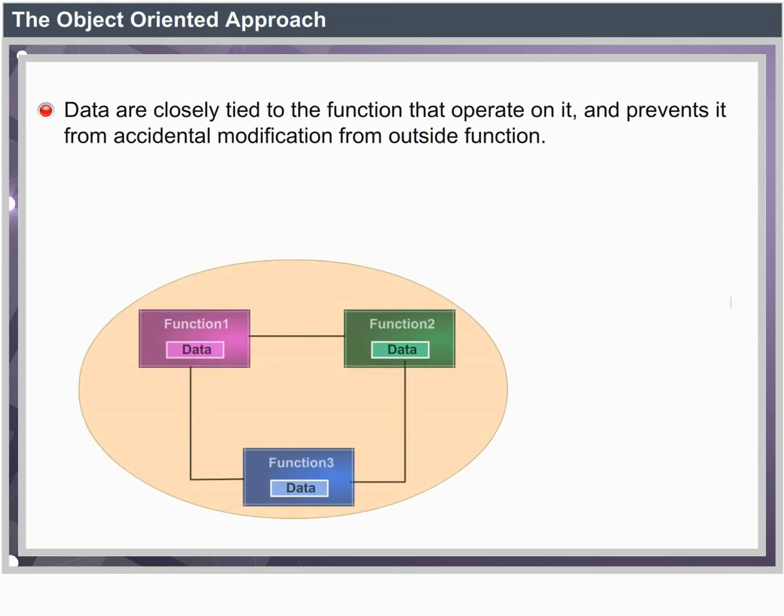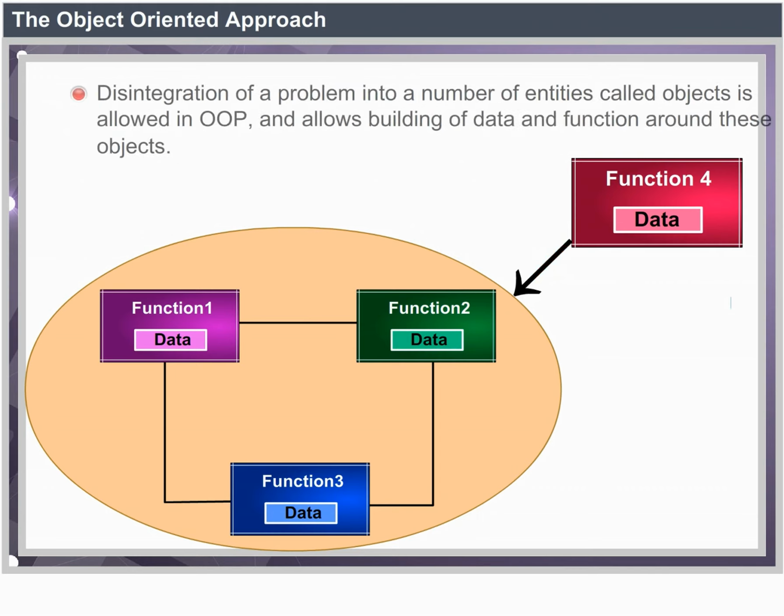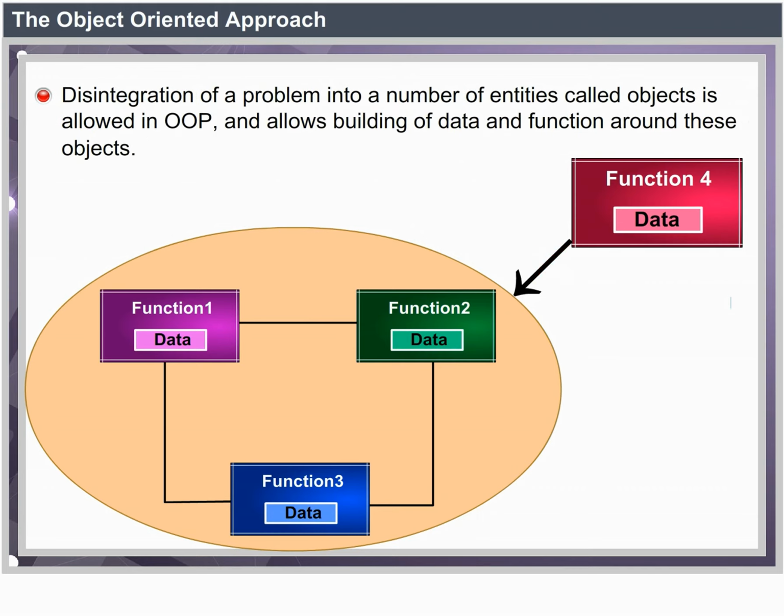It ties data more closely to the functions that operate on it and protects it from accidental modification from outside functions. OOP allows decomposition of a problem into a number of entities called objects and then builds data and functions around these objects.